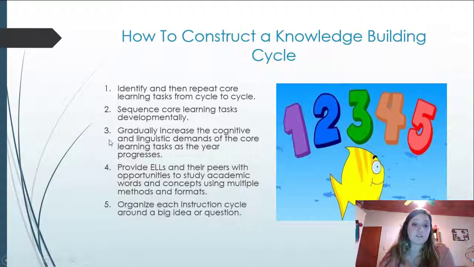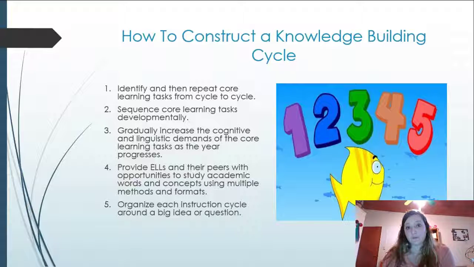Third, gradually increase the cognitive and linguistic demands of the core learning tasks as the year progresses. Fourth, provide ELLs and their peers with opportunities to study academic words and concepts using multiple methods and formats. And fifth, organize each instruction cycle around a big idea or question. We'll go over these more in detail in the next couple of slides.